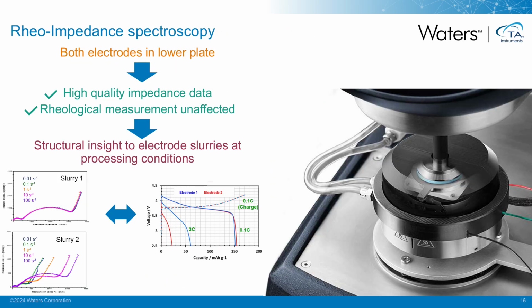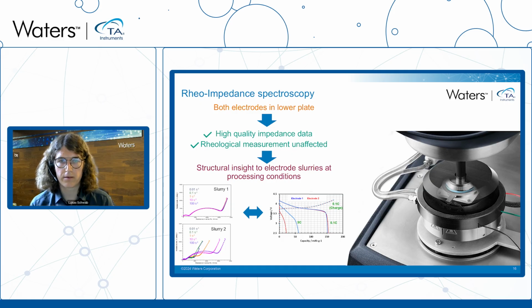So I hope in this webinar I could give you an introduction to our new Rheo-Impedance setup, which has the unique feature of combining both electrodes in the lower plate, which gives you high quality impedance data, while at the same time the rheological capabilities are unaffected, so that you can really get structural insights into electrode slurries under all processing conditions, and thereby detect changes in the properties of your final battery at a much earlier stage, saving you a lot of time and money in your research to find an even better electrode.